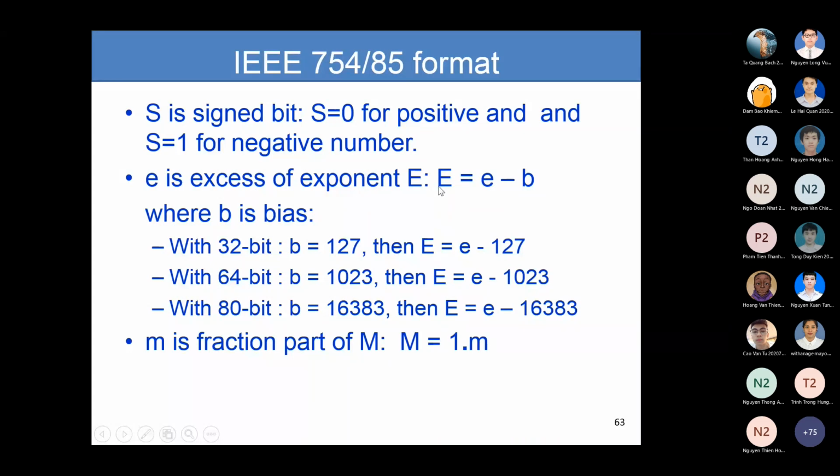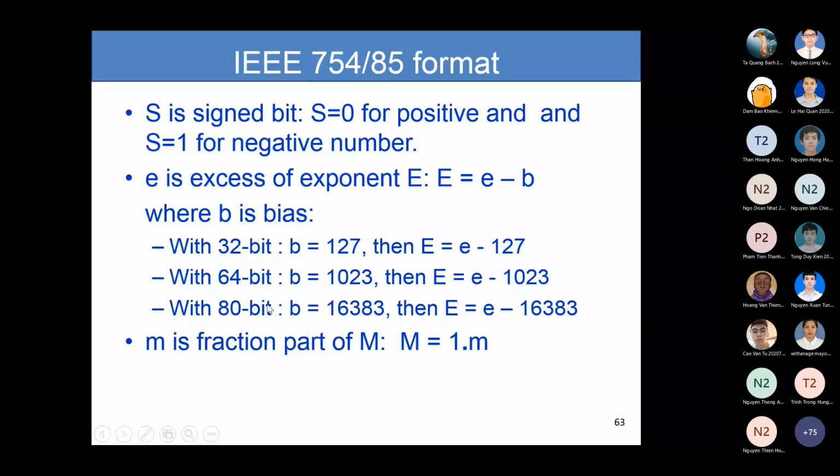The exponent big E equals small e minus B, in which B equals 127 if we use single precision, B equals 1023 if we use double precision, and B equals 16,383 if we use extended double precision.